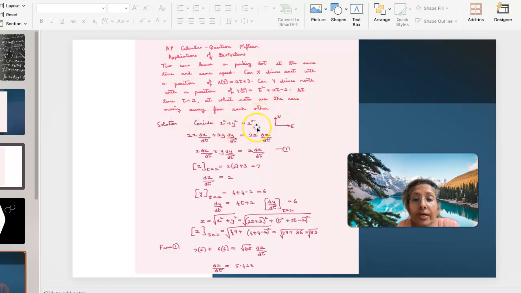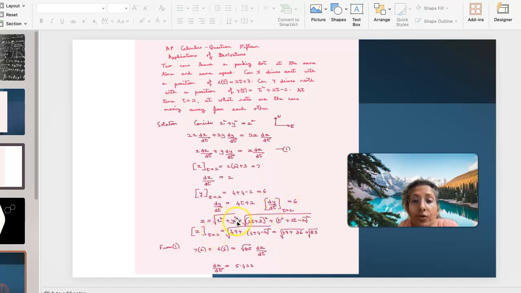Now x squared plus y squared equal to z squared. So if you differentiate, you get 2x dx/dt plus 2y dy/dt equal to 2z dz/dt. Now x at the point t equal to 2 is 2 into 2 plus 3, which is 7, and dx/dt will be 2. y at the point t equal to 2, when you substitute into t squared plus 2t minus 2, you get 4 plus 4 minus 2, which is 6. dy/dt is 2t plus 2, so dy/dt at t equal to 2 is 6.